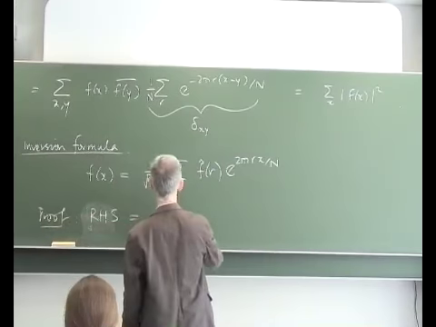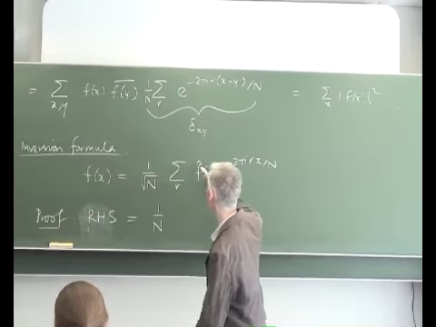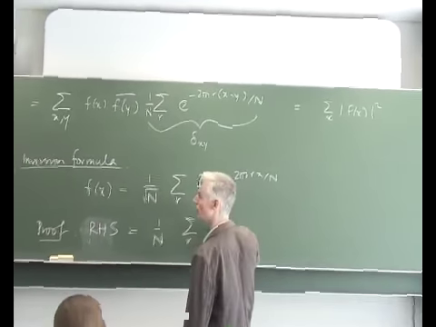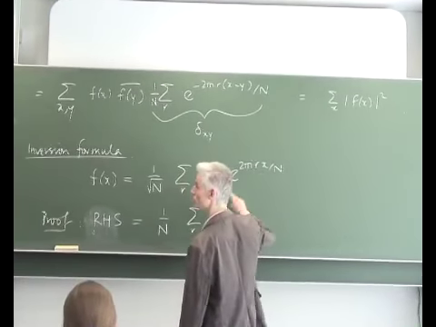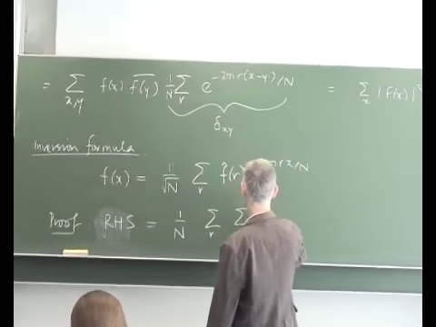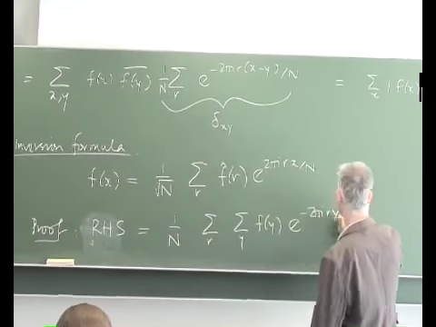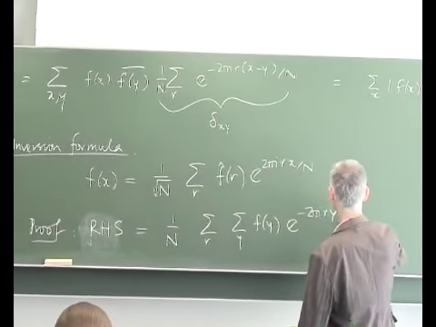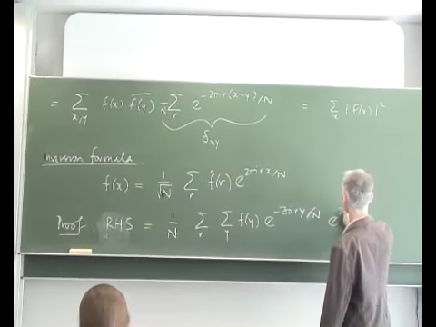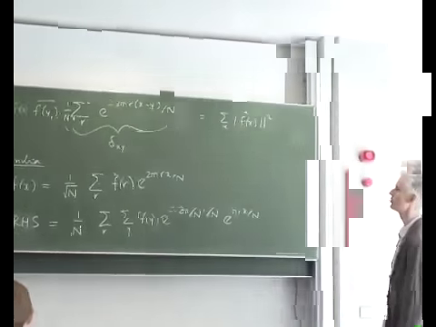The right-hand side equals 1 over n, so I've got a normalizing 1 over root n there, and then I'll take another one from the definition of f hat of r. So sum over r, and f hat of r was, I'd better put a y instead of an x, sum over y of f(y) e to the minus 2 pi i r y over n, times e to the 2 pi i r x over n.